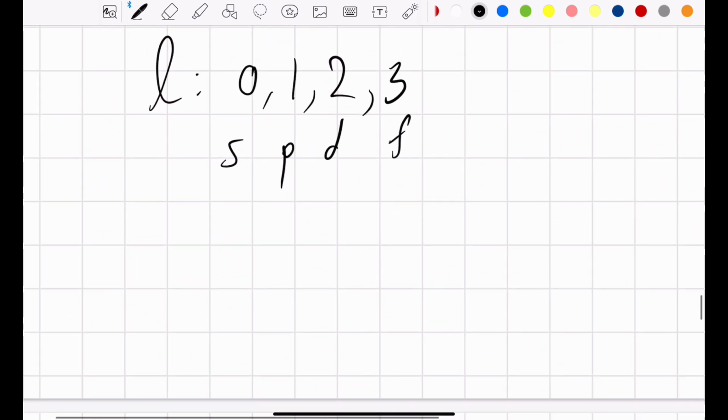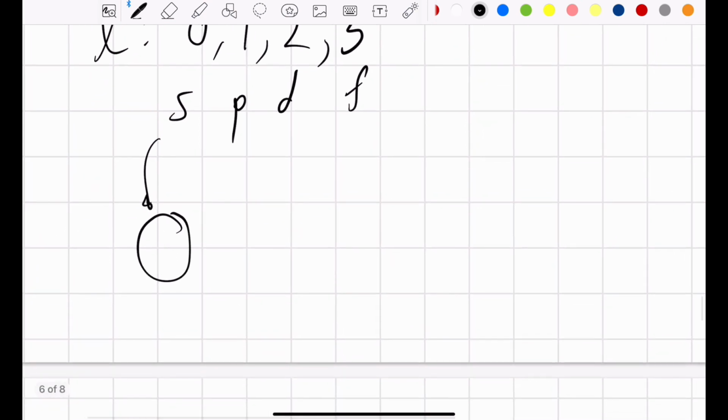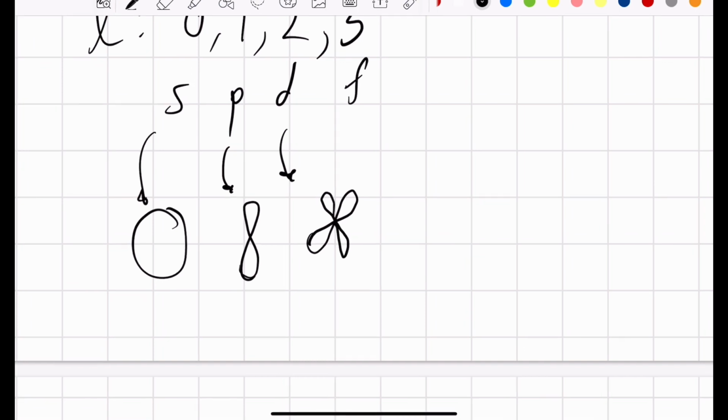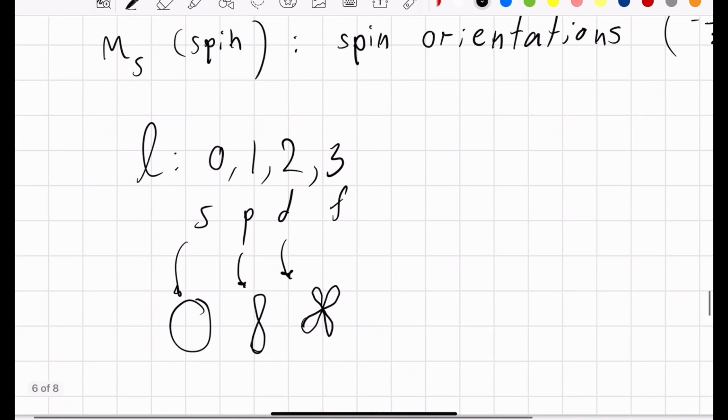The S subshell resembles spheres, and these are an area where electrons can reside in. The P subshells look like dumbbells, and the D subshells, although you probably won't have to memorize, look somewhat like a clover. And then for F, there are different shapes and just way too many to memorize, so don't worry about that. But these are the 4 L numbers and 4 different types of subshells.